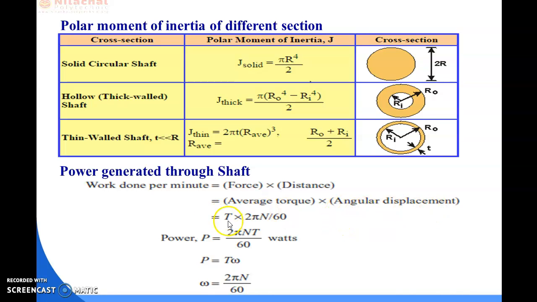So the total formula is T into 2 pi n divided by 60, where T is the torque value and n is the revolution of the shaft due to the torque. By this formula, we can find the power generated through the shaft.